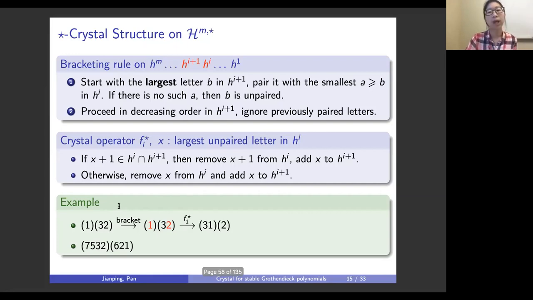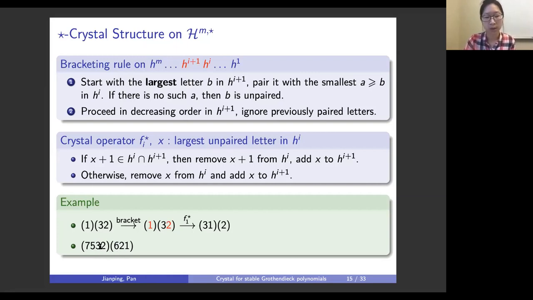We can do a more complicated example with longer factors. Start with the largest letter, here 7. We try to find the smallest letter on the right that's bigger or equal to itself, but we couldn't, so 7 is left unpaired. We proceed to 5, and we find that 6 is the smallest letter that's greater or equal to 5, so 5 is paired with 6.